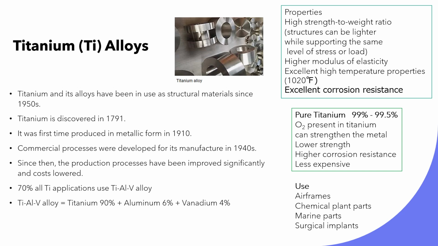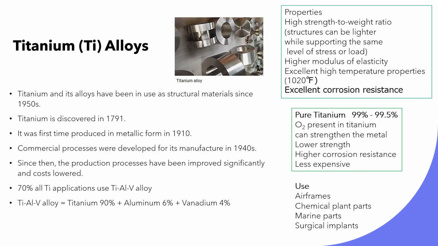So that's pure titanium. Oxygen can strengthen the metal, but the low strength grades have less of it, so every time you want to increase from lower strength to high strength, you play with the oxygen in the titanium.